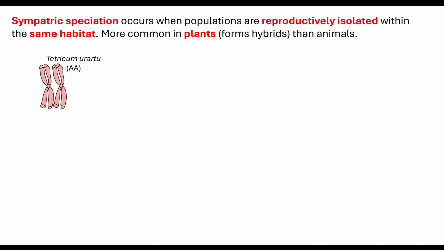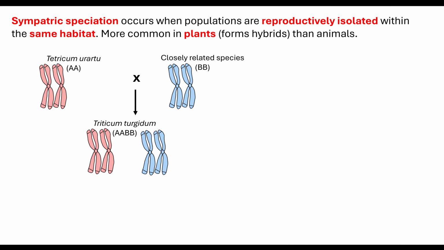Let's say that they have the chromosomes AA, and we take a closely related species, BB, and we cross them together. What can happen is we can result in a hybrid of these two, and therefore now we have AABB, which originally should have been AA or BB. We now have a hybrid, which is AABB.